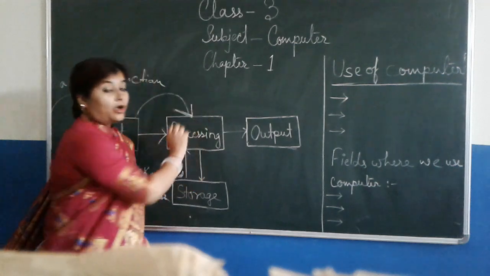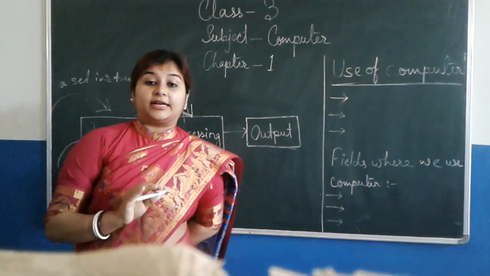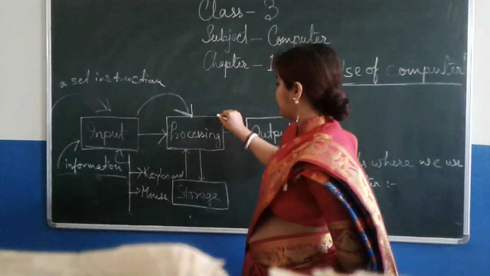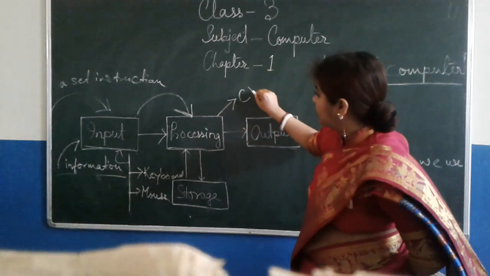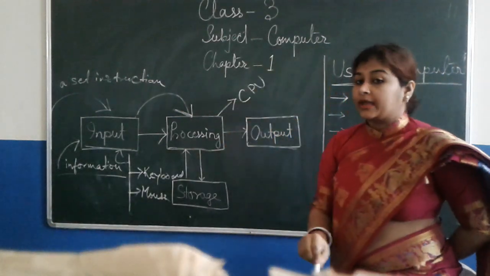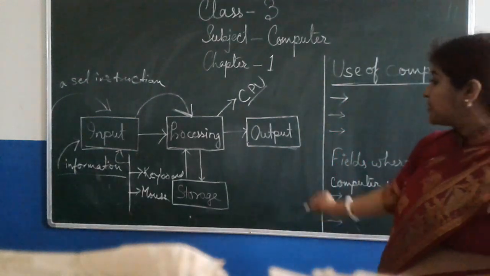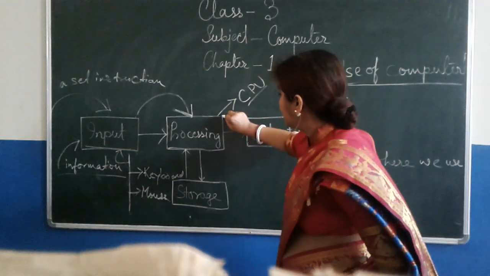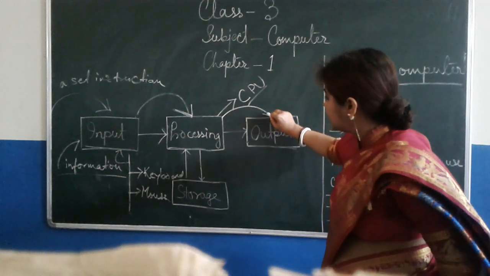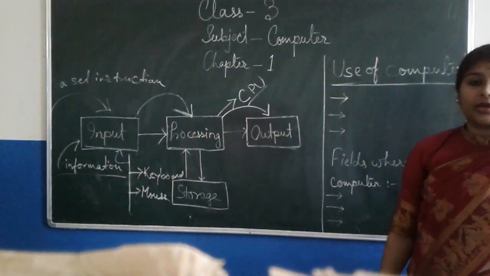The processing of the computer is done by the CPU. The full form of CPU is Central Processing Unit. After this, the processing unit transfers the data to the output location.